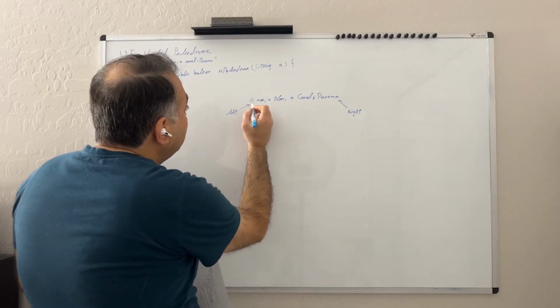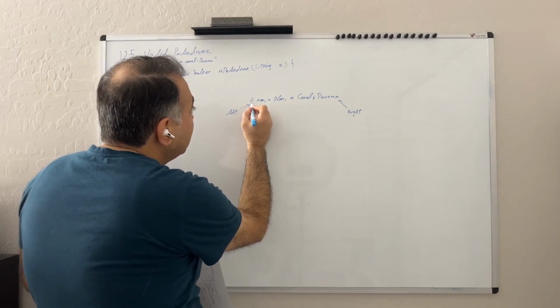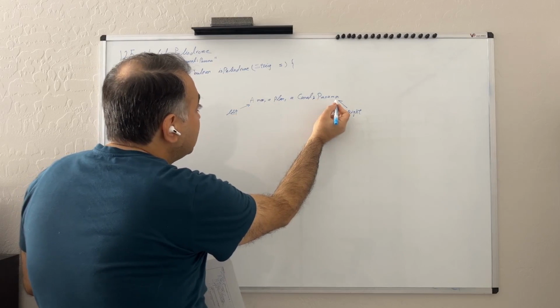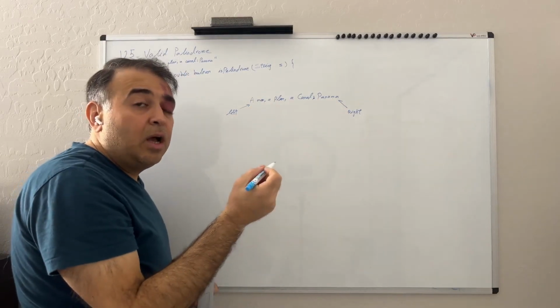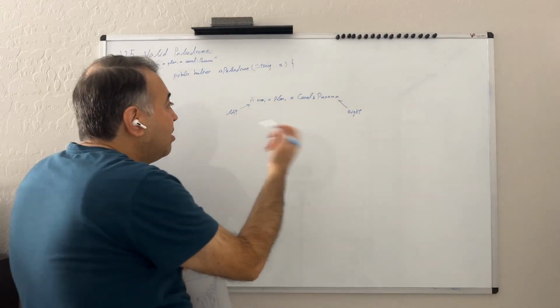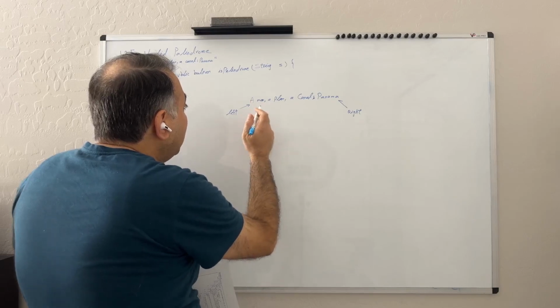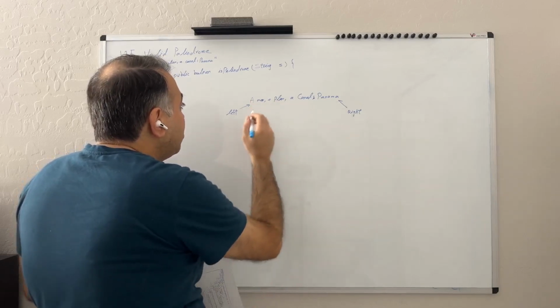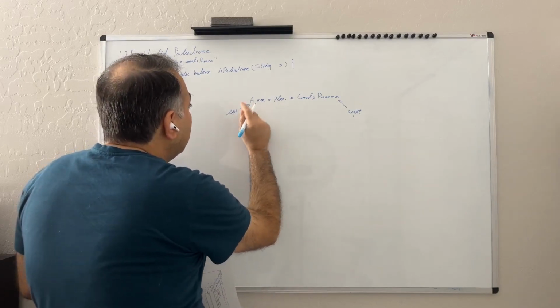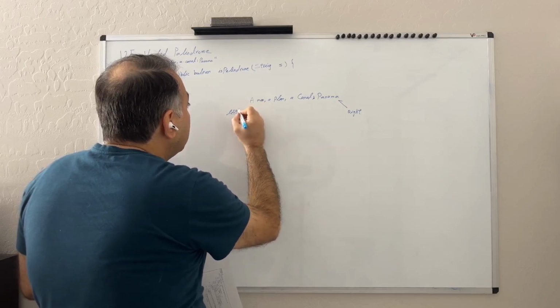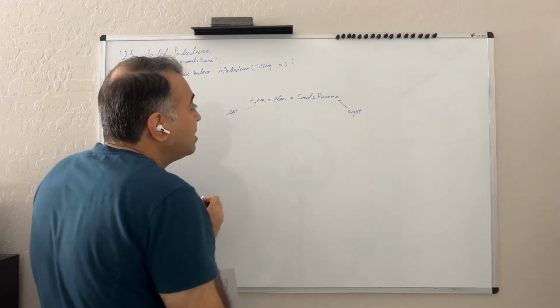First I need to check, okay, this letter is uppercase, this letter is lowercase. I need to convert the uppercase to lowercase and then compare them. And then I find out, okay, this is the same character, so I can move to the next character. So the pointer will point to the space this time.